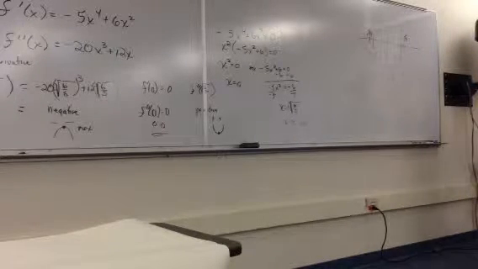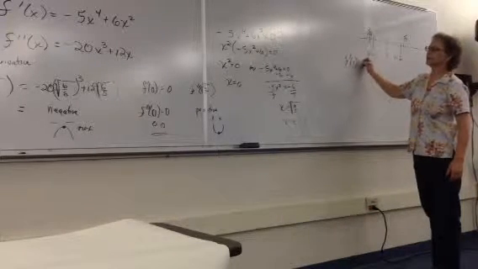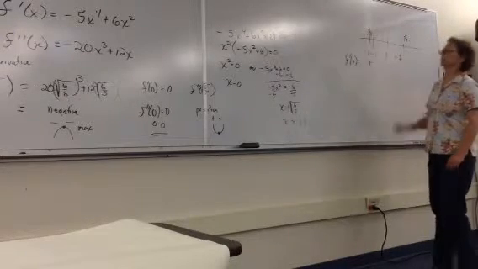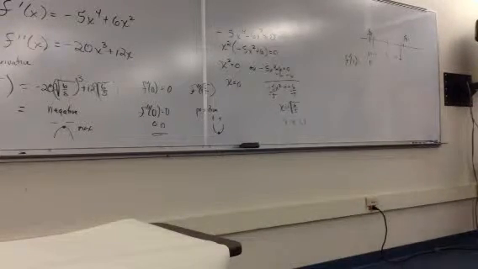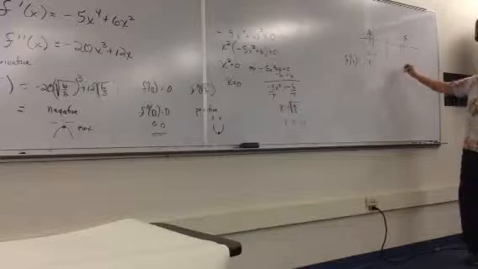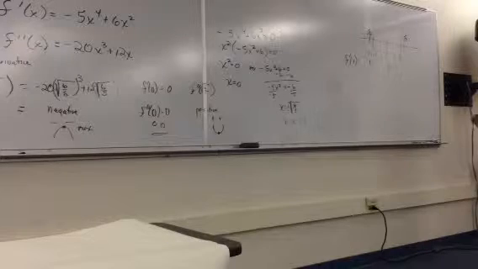First derivative test, plug it into the first derivative. So the first derivative test, that'll be positive, right? When you plug -1 in. And when you plug +1 in, it's going to be positive.